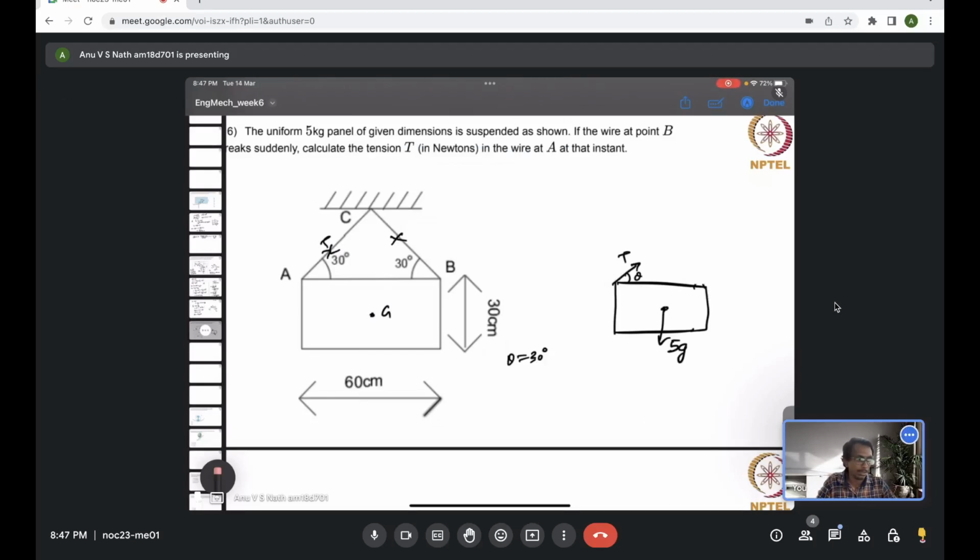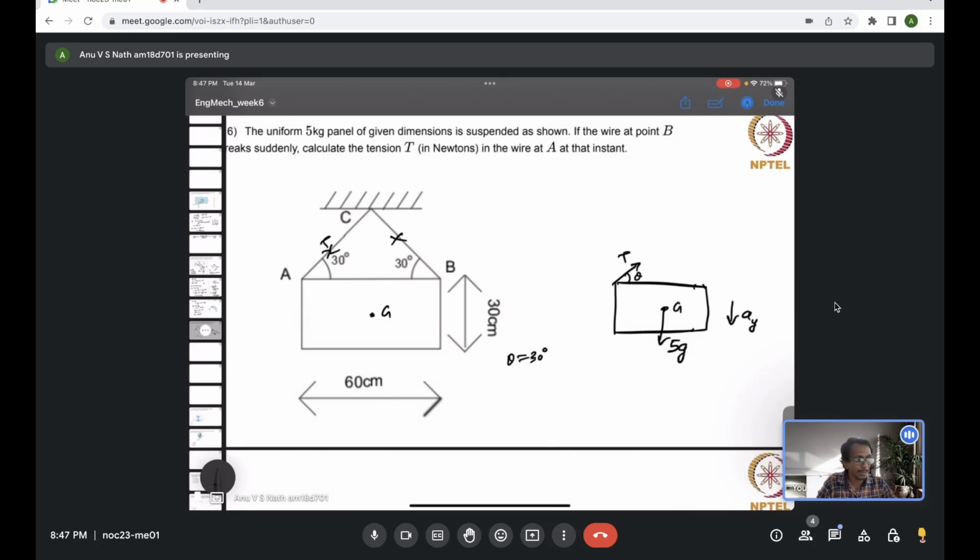Okay, now you know T cos theta, T sin theta and 5g are in opposite directions, so they could get balanced, but because this is a motion, they will not just balance. There will be an acceleration in the y direction, and intuitively the center of mass G will move with an acceleration ay, let's say, in the vertical downward direction.